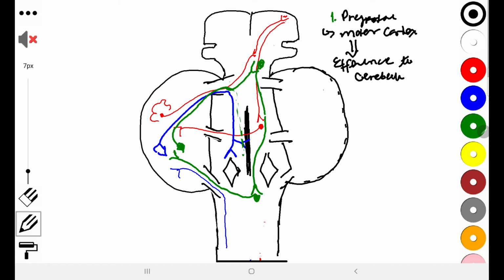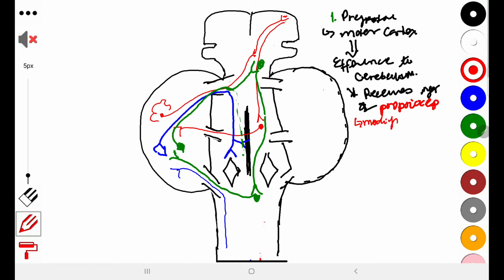Once that happens, the cerebellum also receives information. What type of information? Proprioception. So with this information, it knowing what the body wants to do and knowing where the body is, there is modification of the final impulse.